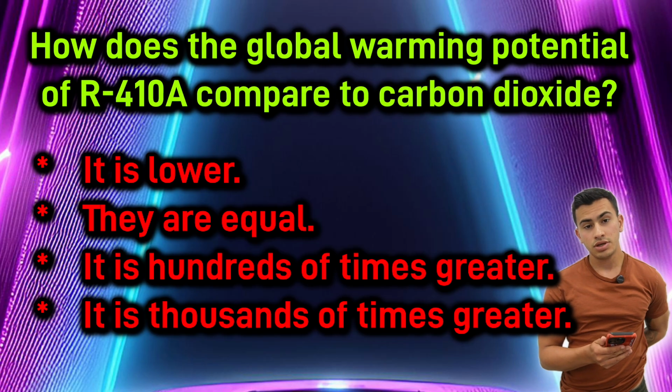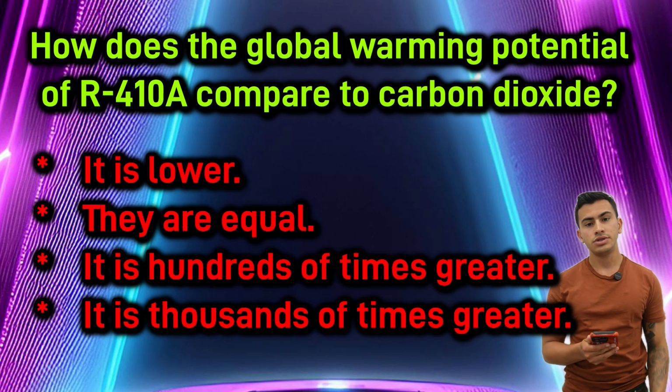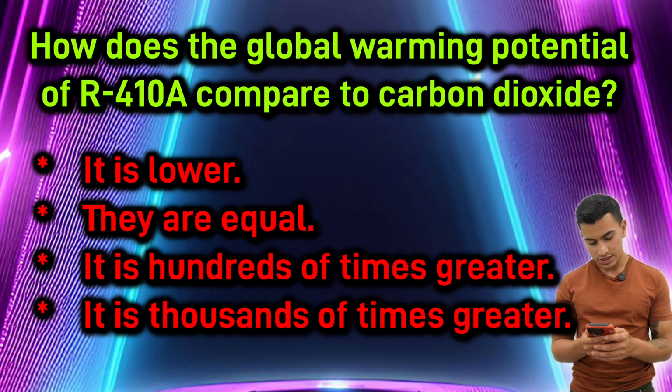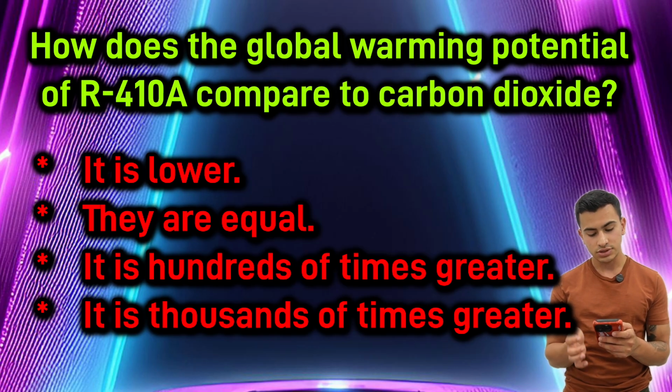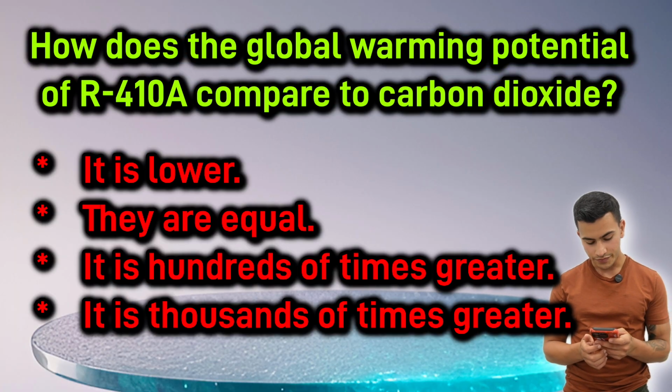That EPA book that you study will have all the information. But to not waste your time, the answer for this one is it is 1,000 times greater. D will be the answer for number 2.